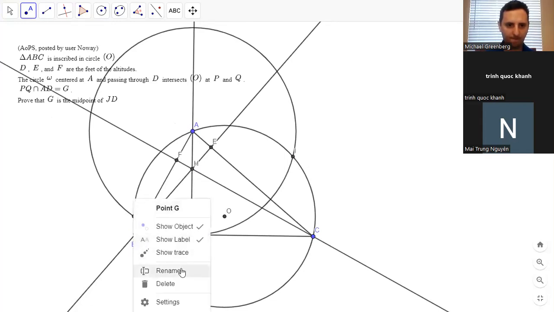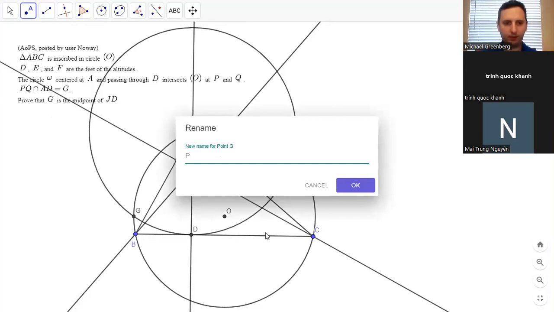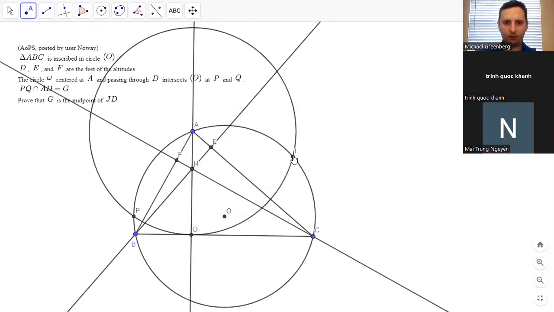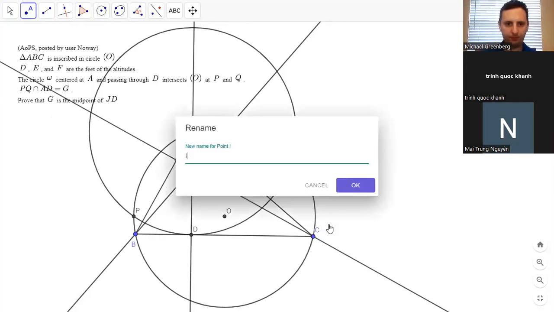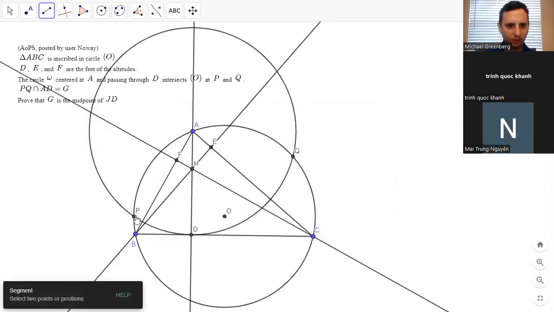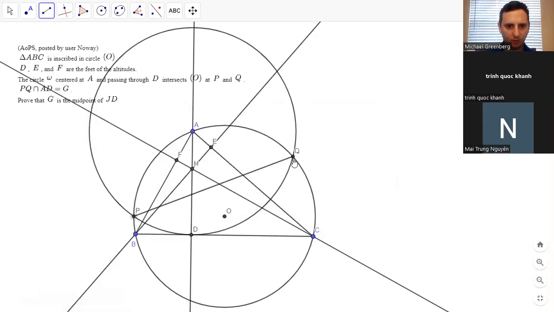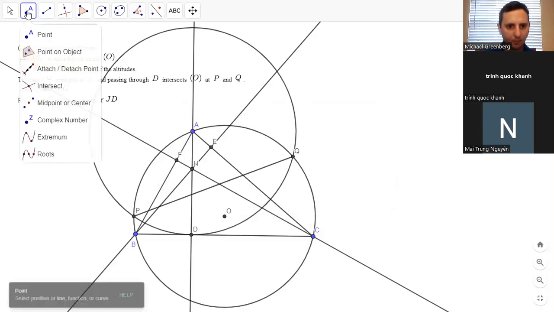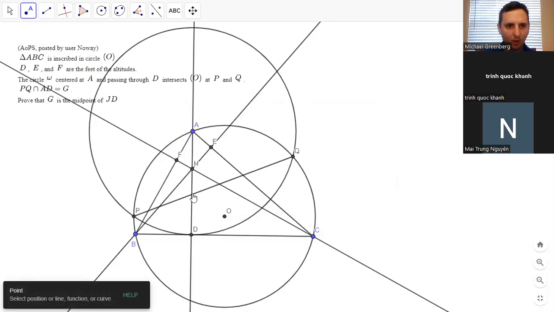So this is P and this is Q. And PQ intersects, oh, what is J? Let's see. Oh, I know what G is.